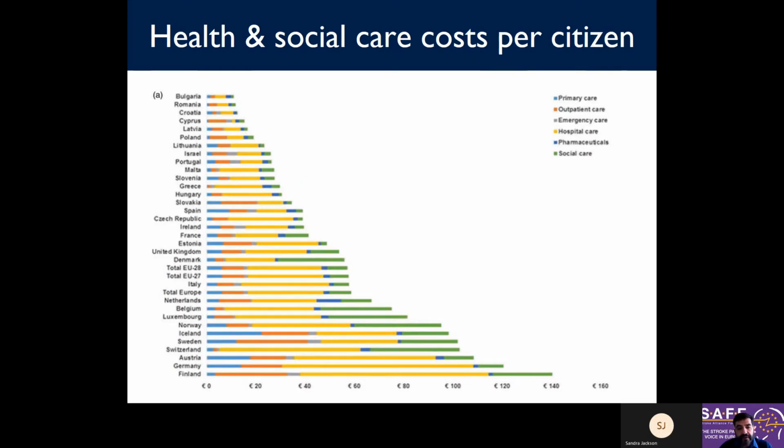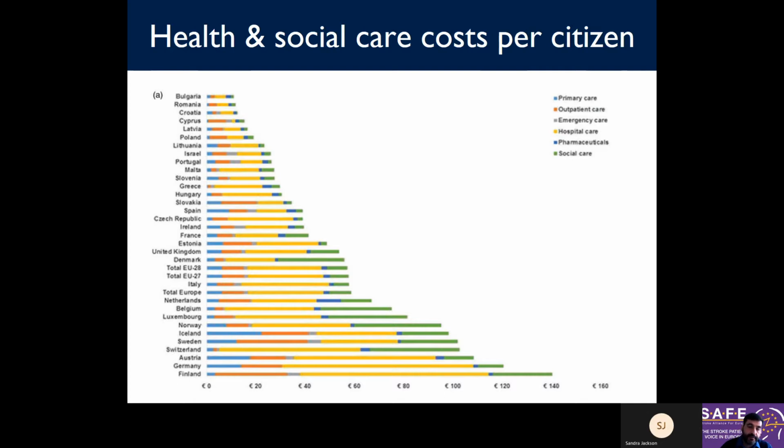So dividing these costs in each country by the country's population, we get the health and social care costs per citizen in that country. As you can see, one of the main determinants of a country spending more money on stroke is their wealth.